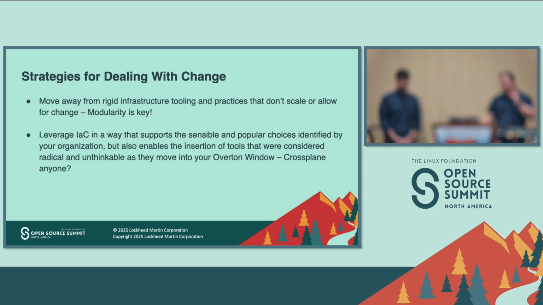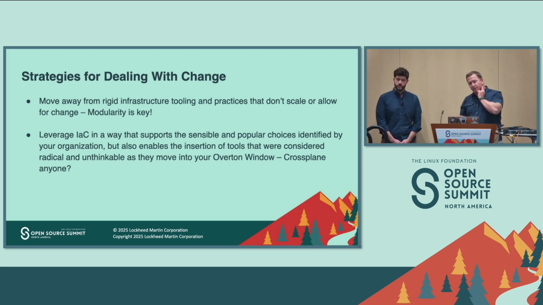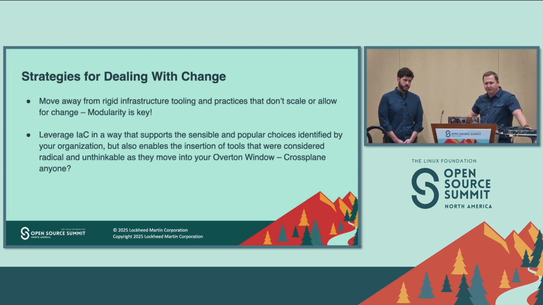So some strategies for dealing with this change. You really need to move away from rigid infrastructure tooling and practices that don't scale or allow for change. One thing we've done within the platform we've started to develop is make sure it's very modular. Modularity is key. Being able to plug and play different tools is paramount.